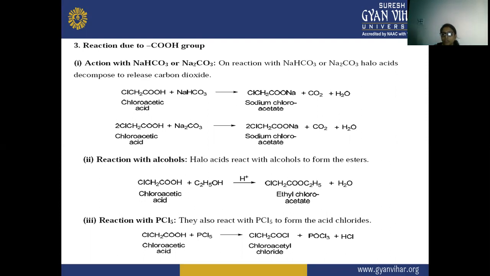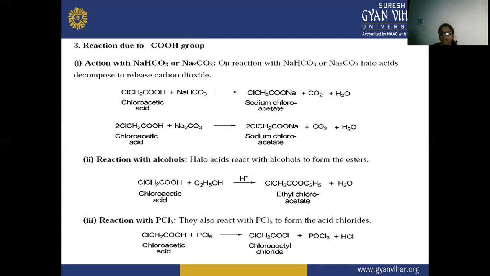So chloroacetic acid reacts with C2H5OH, that is ethanol, and there is a formation of ethyl chloroacetate, plus H2O is formed. So chloroacetic acid plus ethanol react and ethyl chloroacetate is formed, and the water molecule is removed. So when an acid and an alcohol react, there is a formation of esters.